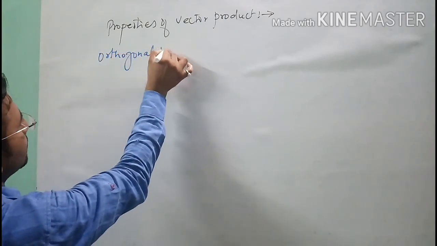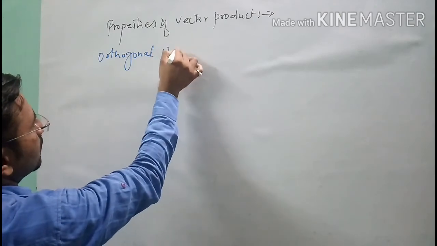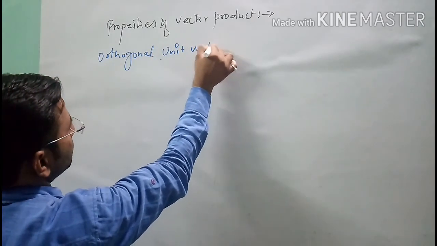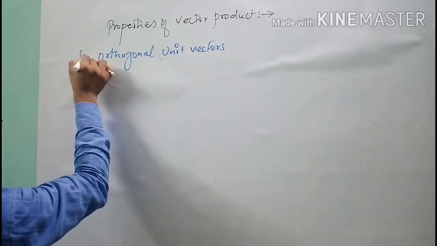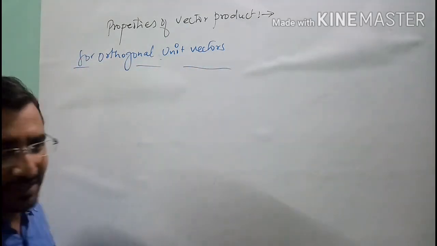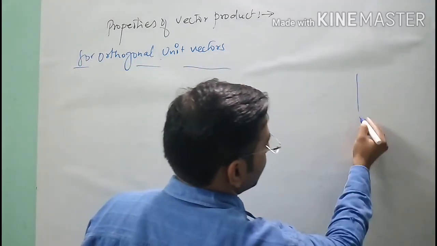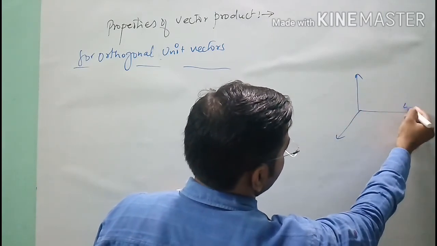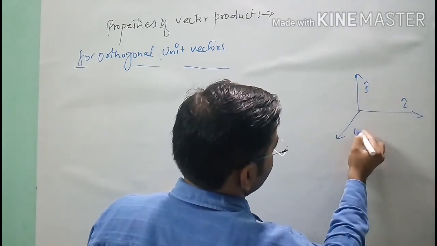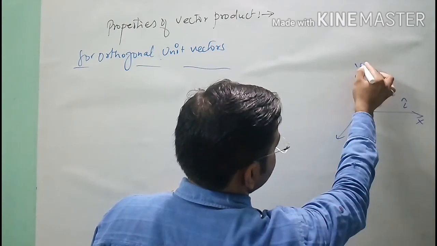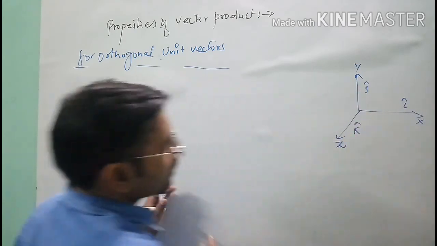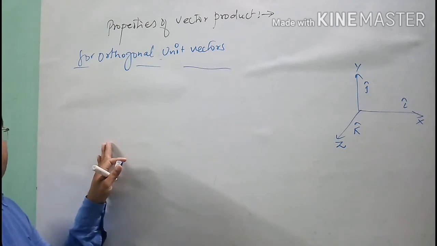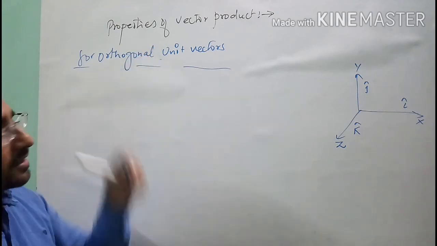For orthogonal unit vectors, as you know, we have three orthogonal, meaning mutually perpendicular, unit vectors i cap, j cap, k cap along the x axis, y axis and z axis. For that we will deal here with vector properties.